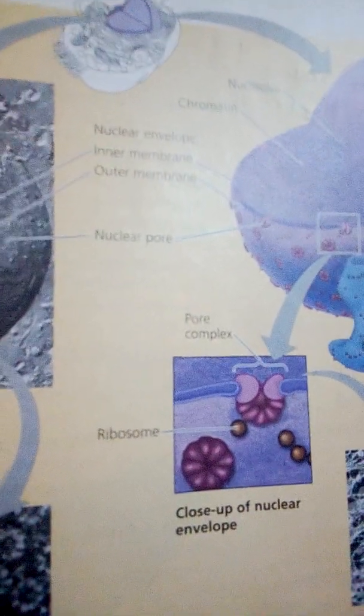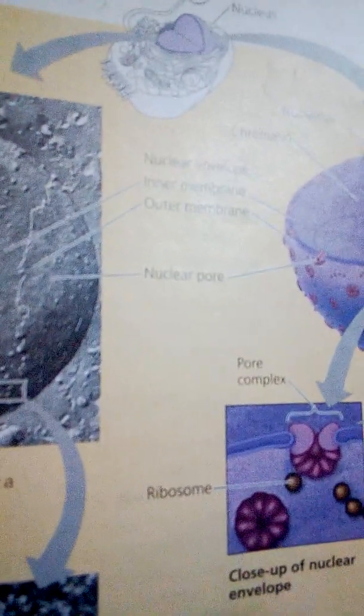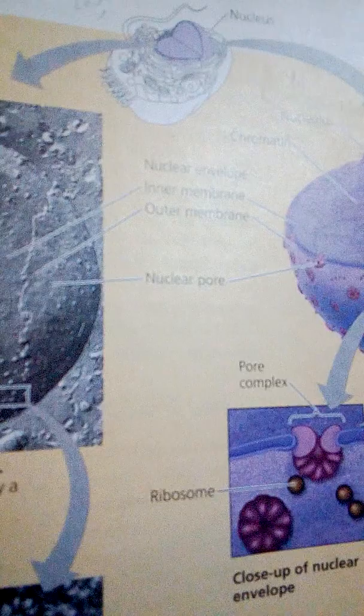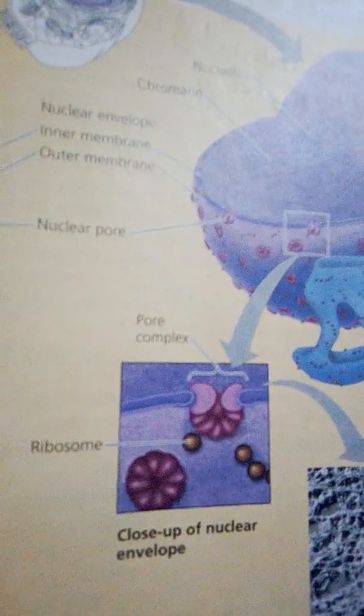As we see in this picture, the nucleus directs protein synthesis by synthesizing messenger RNA, mRNA, according to instructions provided by the DNA. The mRNA is transported to the cytoplasm via the nuclear pores.